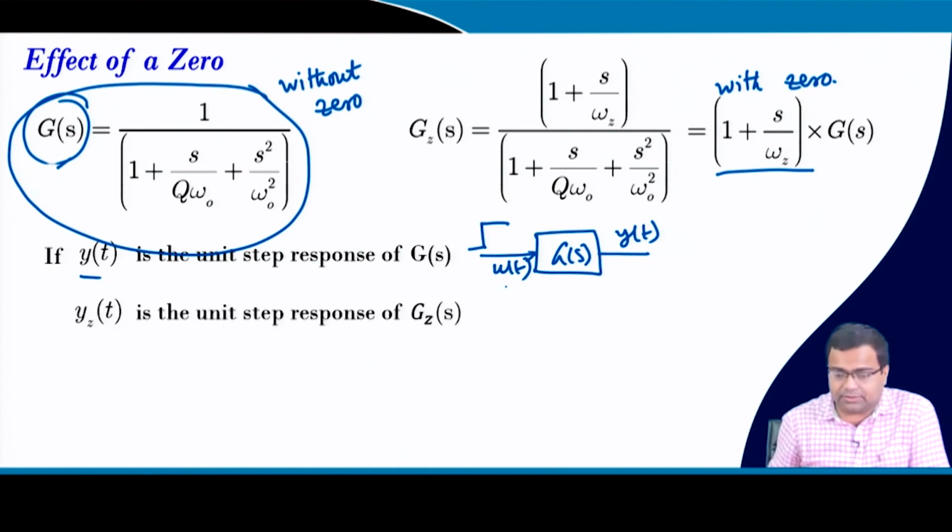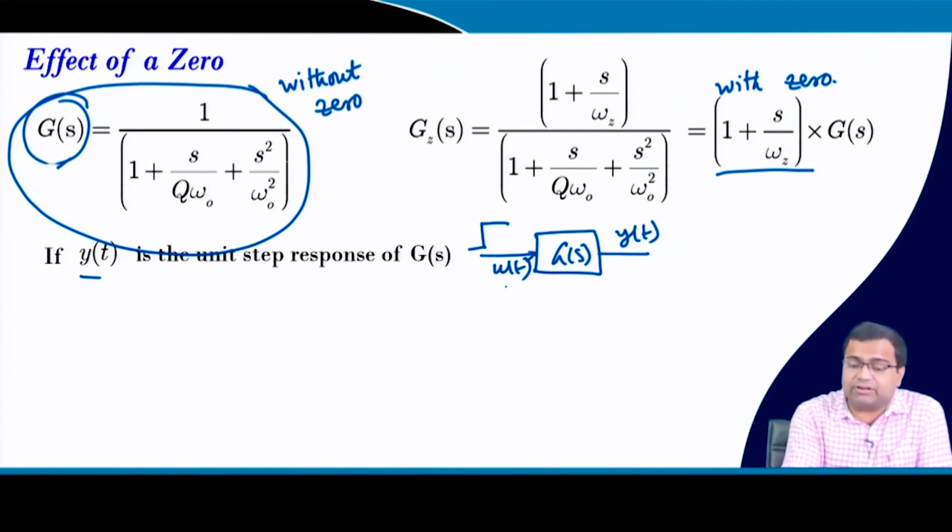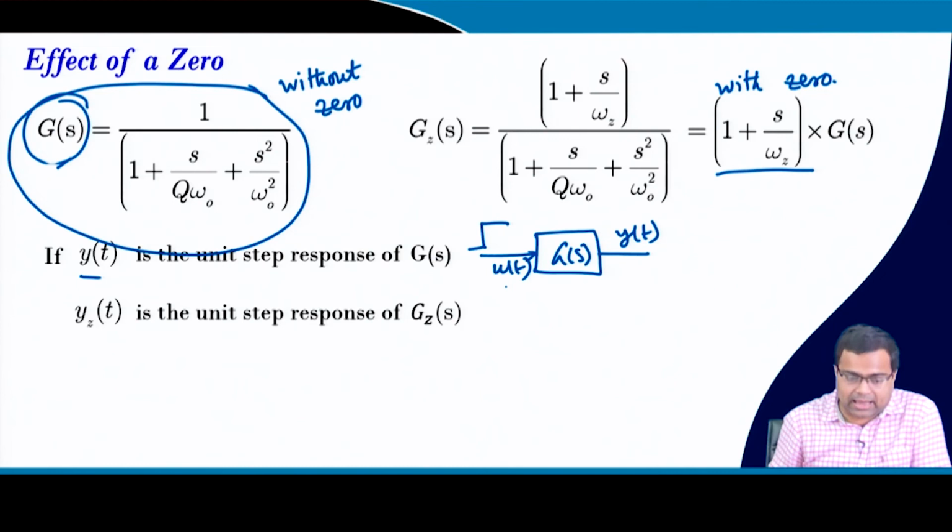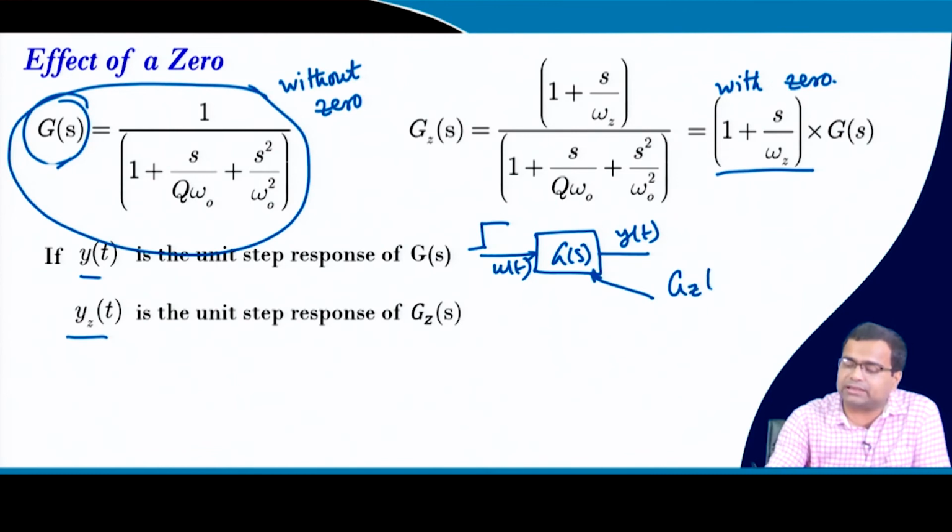Okay. So then, this is a unit step response. And y z is the unit step response with 0; if you replace this with omega 0 t, then it will be replaced by y z of t.